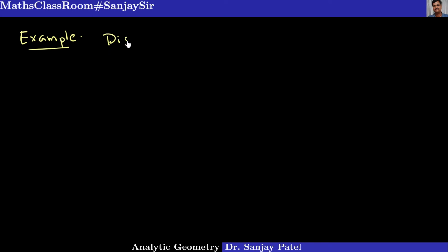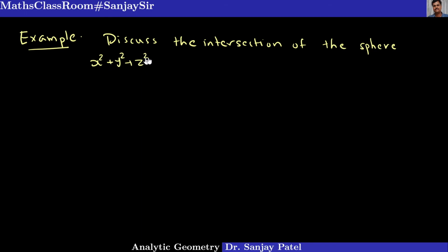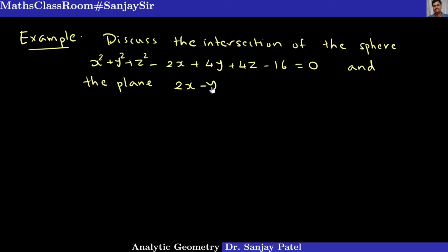So let us discuss the intersection of the sphere x square plus y square plus z square minus 2x plus 4y plus 4z minus 16 is equal to 0, and the plane 2x minus y plus 2z is equal to 12.